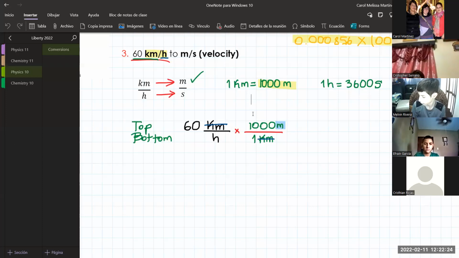Okay, so take a look now where my hours are. My hours are located in the bottom. So my next conversion factor needs me to write hours where, up or down?